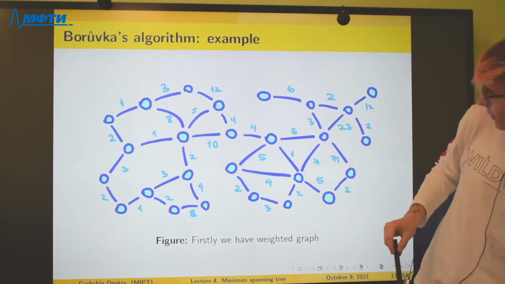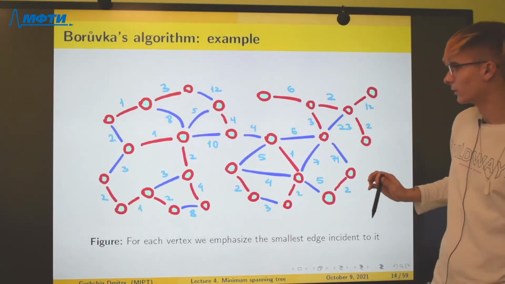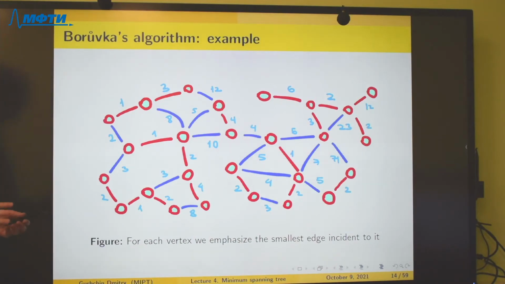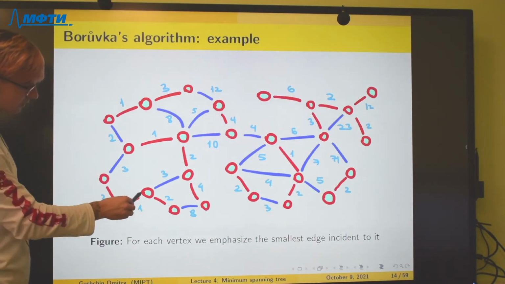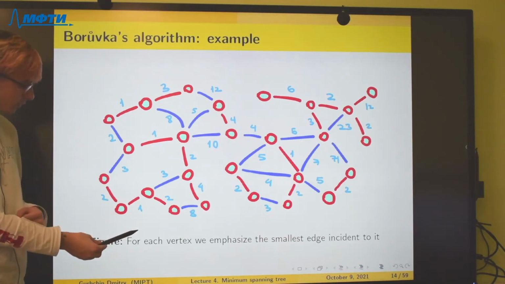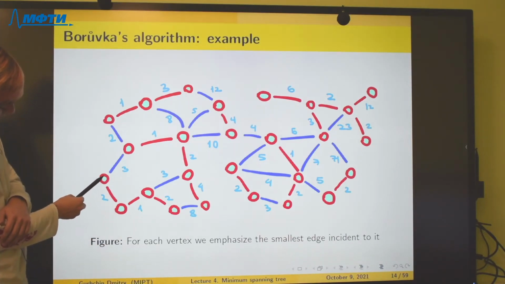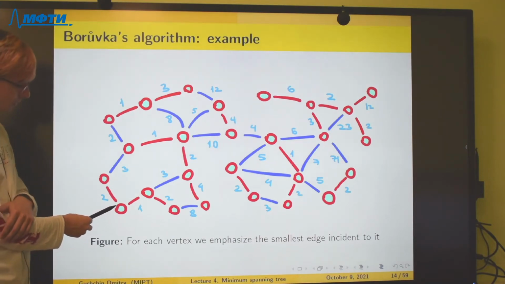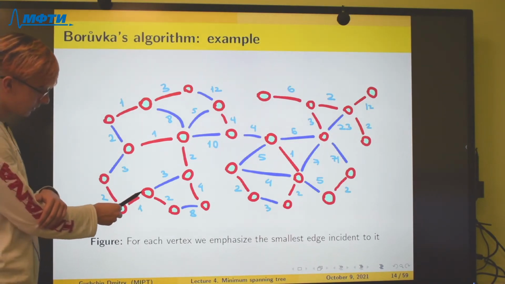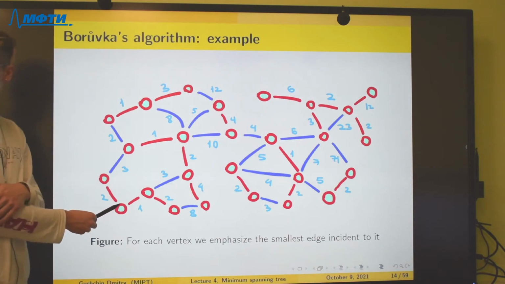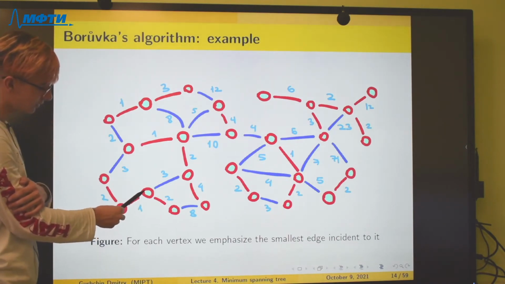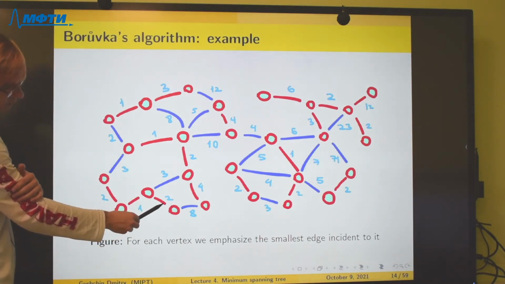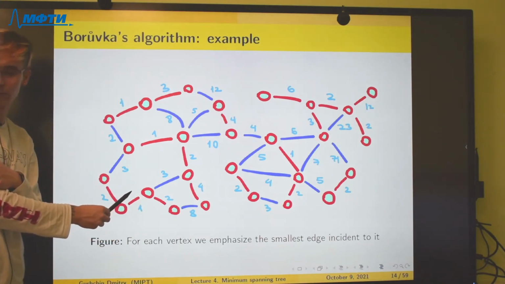So, for example, we can see that after one step we get this big component because for this vertex it is a minimum weight edge. For this vertex it is the minimum weight edge, and for this it is 2, and for this it is the minimum weight edge.